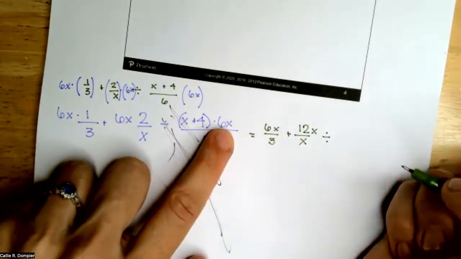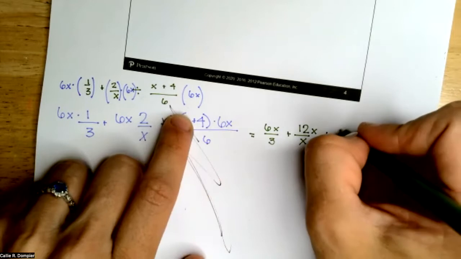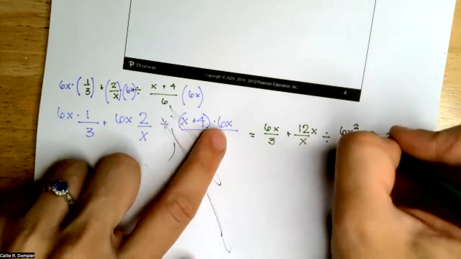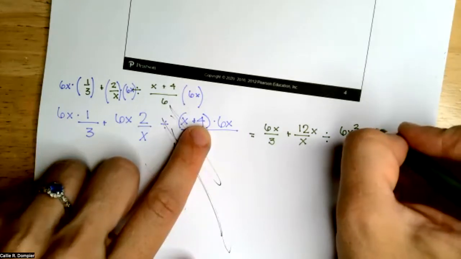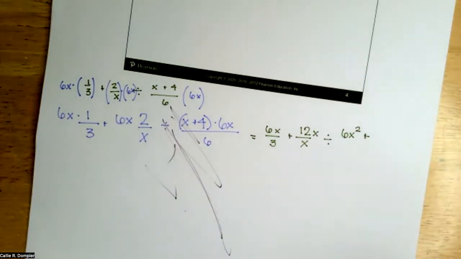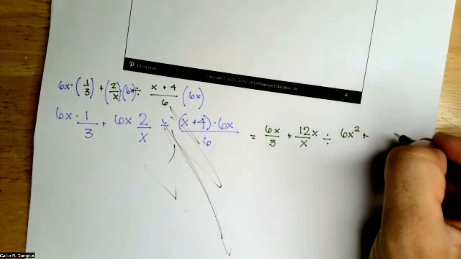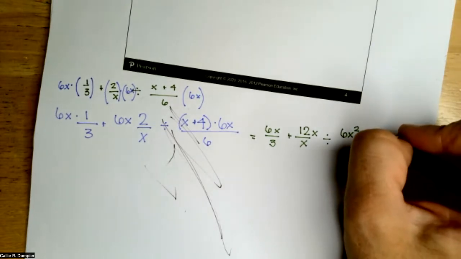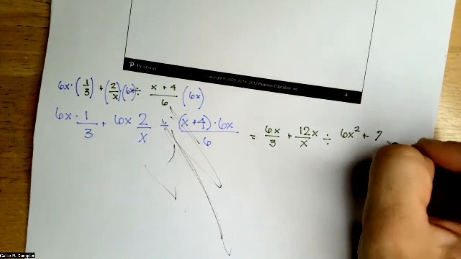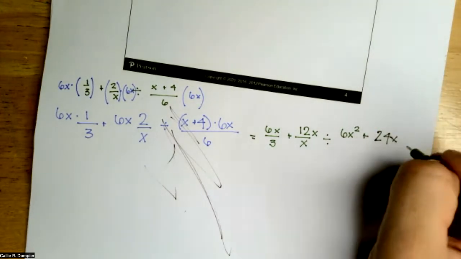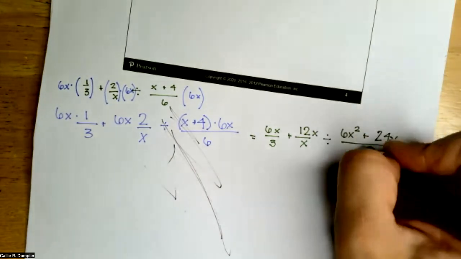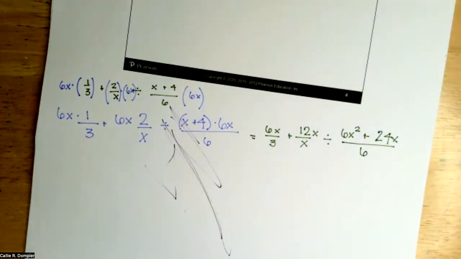And then I can distribute that 6x. 6x times x is 6x squared. 6x times 4 is 24x, over 6. Good.